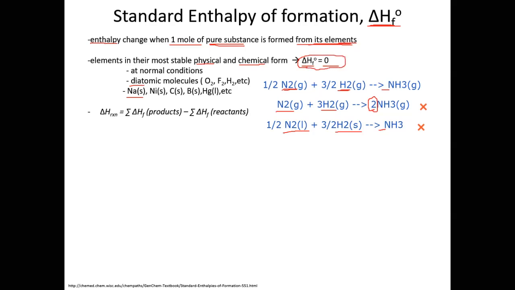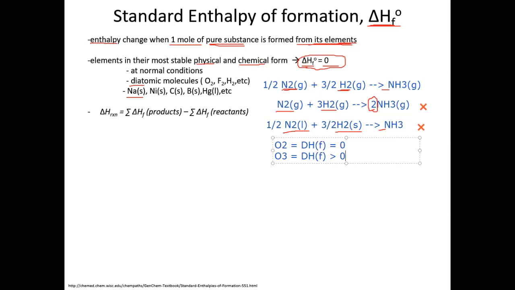So for example, O2 has a heat of formation equal to 0, but ozone, which is another form of oxygen, has a heat of formation greater than 0 because it's not the most stable physical form of that.